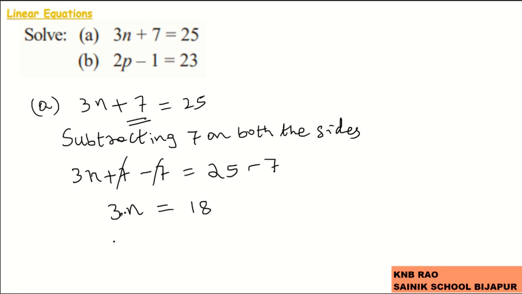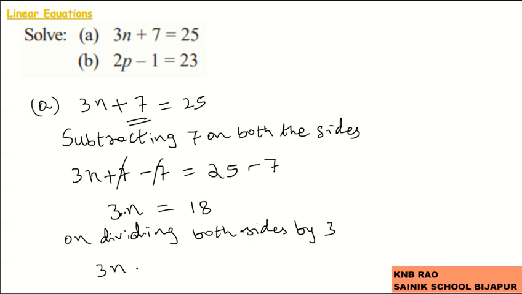So, to remove this 3 we have to divide by 3. So, on dividing both sides by 3 gives us the next step as 3n upon 3 equals 18 upon 3.